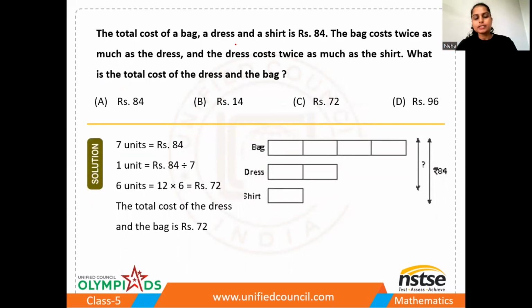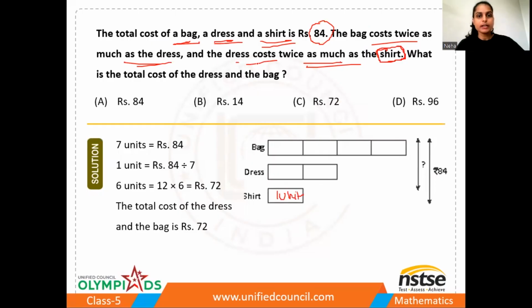Basically, the question is asking that the cost of a bag, a dress, and a shirt is 84 rupees. The total cost is 84 rupees. Now, the bag costs twice as much as the dress, and the dress costs twice as much as the shirt. Let's suppose that the shirt costs 1 unit.